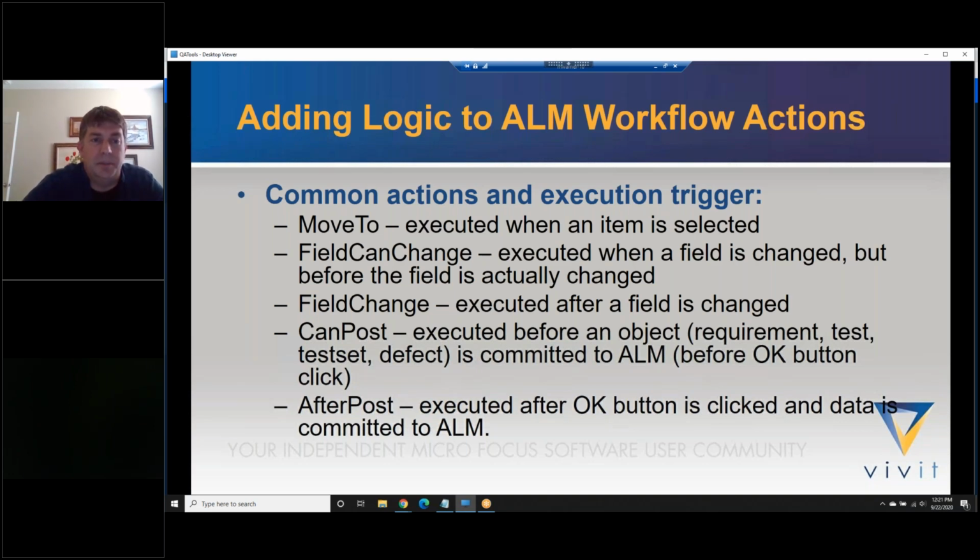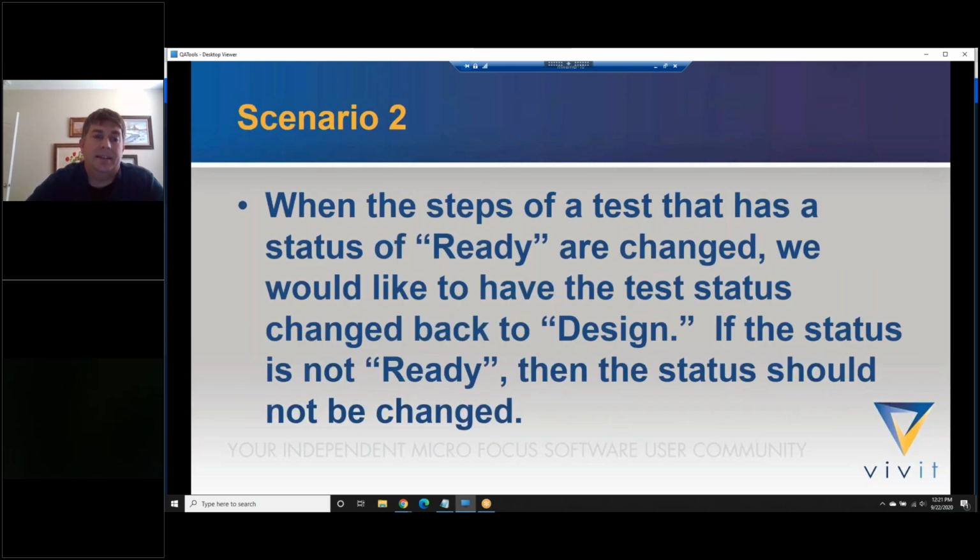And we'll look at this a little bit more. So in our next scenario, we're in the test plan, and we want all of our tests to be reviewed, and whenever they get reviewed, we put them in a status of ready. But what happens if somebody comes in and changes a step? We would like to have the test status changed back to design if that happens.